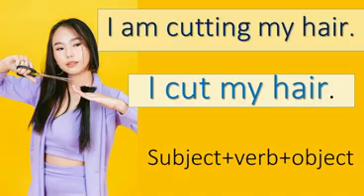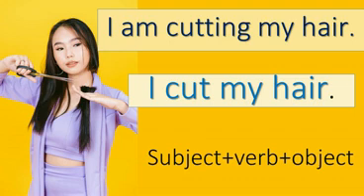So there are two things she can do. She can cut her hair by herself. We can see now she has scissors and she is going to cut her hair. I am cutting my hair. I cut my hair. We know this is a normal subject verb object sentence. I cut my hair. I is the subject, cut is the verb, and my hair is the object.